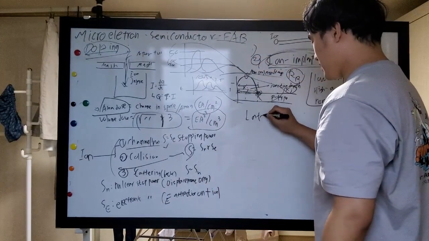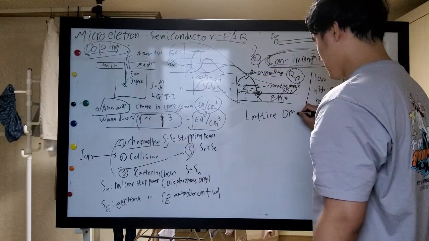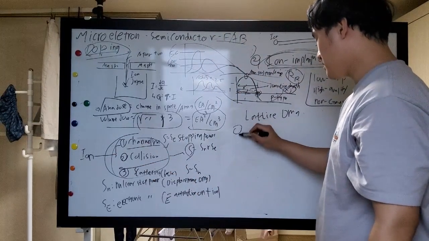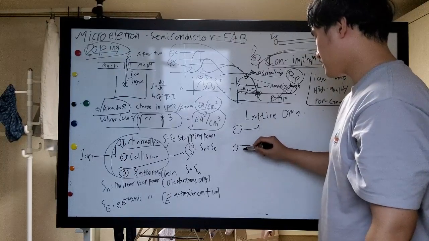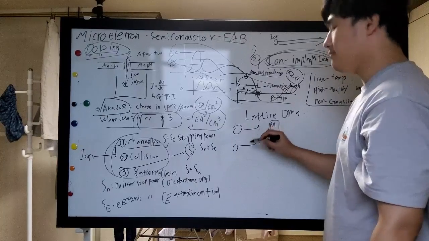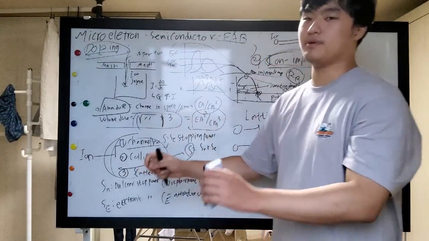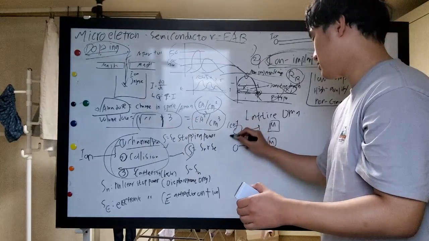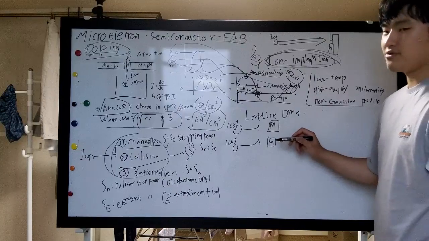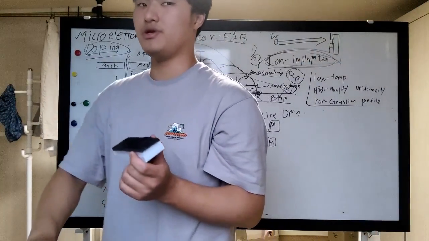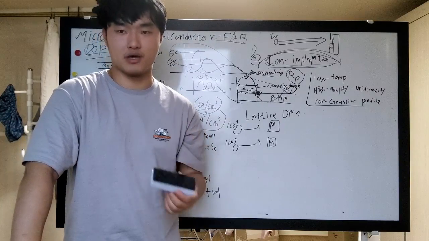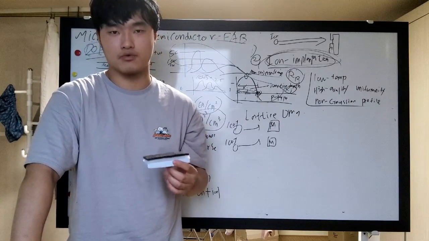The lattice damage will happen depending on these factors. If something heavy and something lighter are coming in, with the same power applied, about 100 joules, then the mass that is emitted heavier will have a larger impact and cause more damage compared with the lighter one.